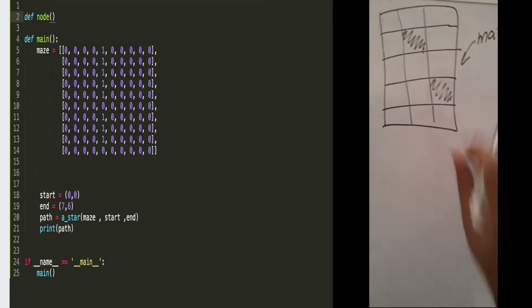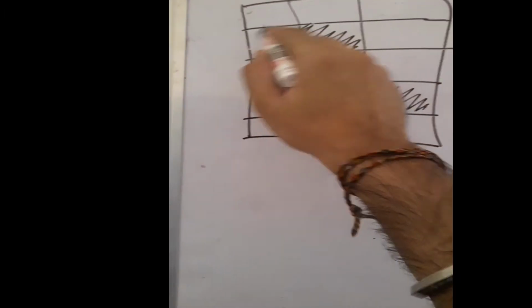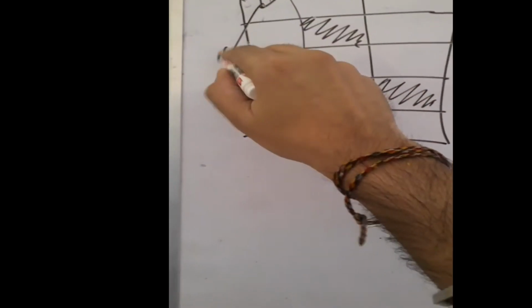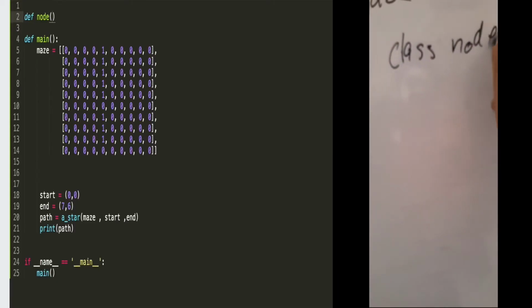So let's begin. Let's suppose this is a maze, and I have this 3 cross 5 matrix here, and we can think of each box as containing data. Let's suppose these are called nodes. Nodes contain certain information. Let's suppose we make a class Node.